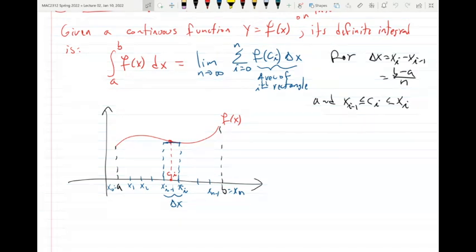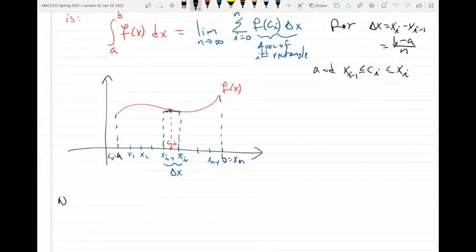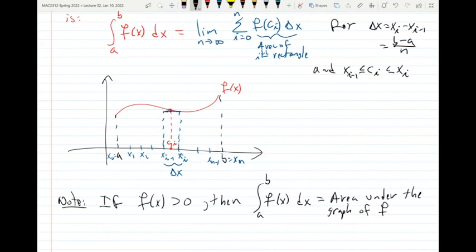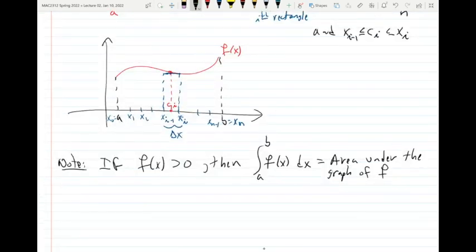And as you can see from the picture, note, if the function f of x is positive, then the integral from a to b of f of x equals the area under the graph of f from a to b.